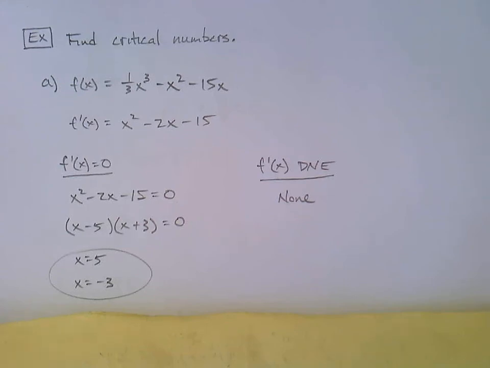Maybe it's like that x cubed situation where there was a horizontal tangent line at the origin. We don't know, but we're off to a good start. If there are local maxes or mins, they would have to occur at 5 and negative 3 and nowhere else. We're going to get deeper into that in the next section.